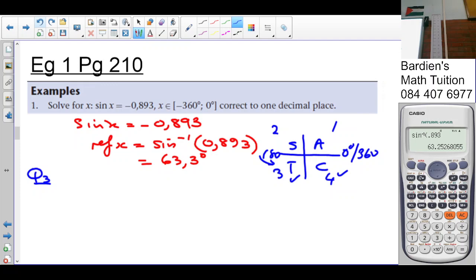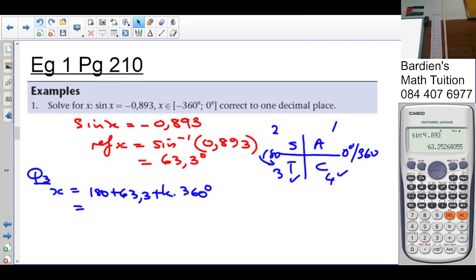So we say x is equal to, now I drop the reference, so I'm posting it to its correct quadrant now. x is equal to 180 plus 63,3 plus k times 360. Why 360? Because the period of the sine graph is 360. So put that in the calculator. 180 plus that answer is 243,3.